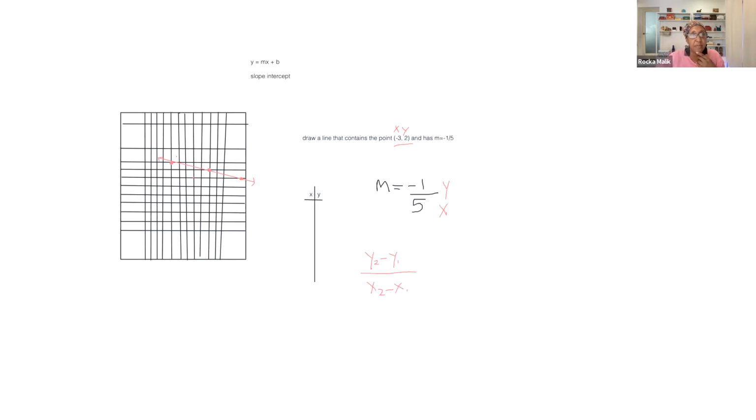Y would be my y value of the point, X would be the x value of the point, my slope is m, and I just need to see what my y-intercept would be.